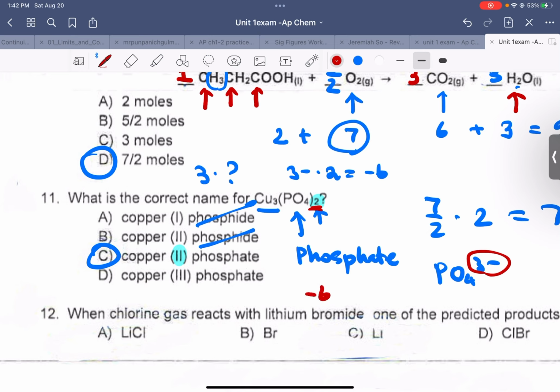The entire molecule has a 0 charge, net charge is 0. So you have to have a 6, then you have 3 copper, so each one is 2 plus, Cu 2 plus. So that shows you the charge. Okay, that's how you're gonna do it.